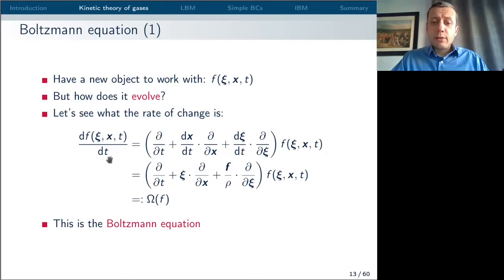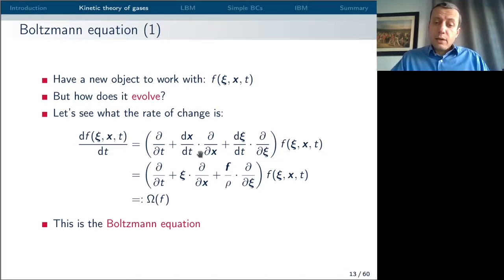Now if you take the complete time derivative of f, you can use the chain rule. You have 3 different parameters here: molecular velocity psi, space, and time, which means you have 3 contributing terms if you compute the total derivative.